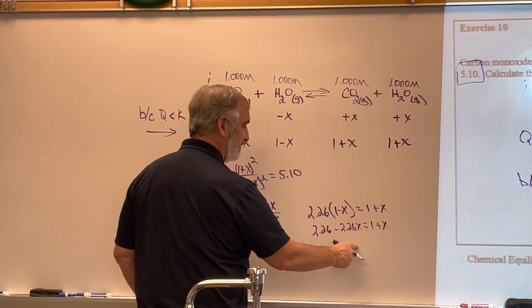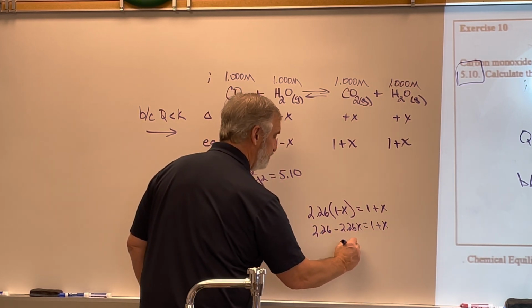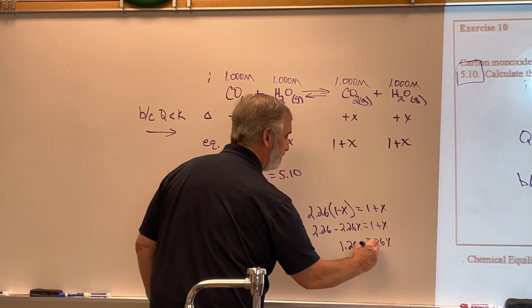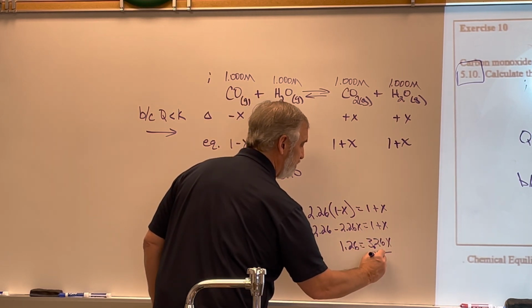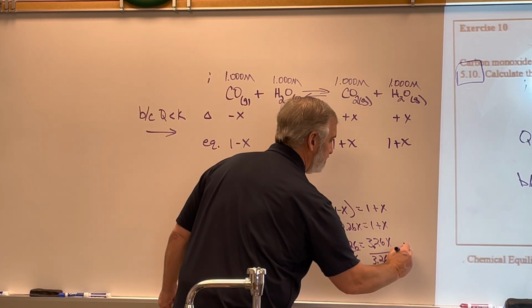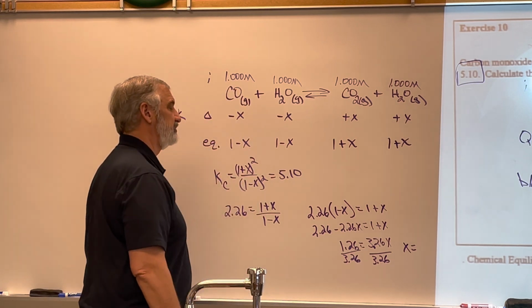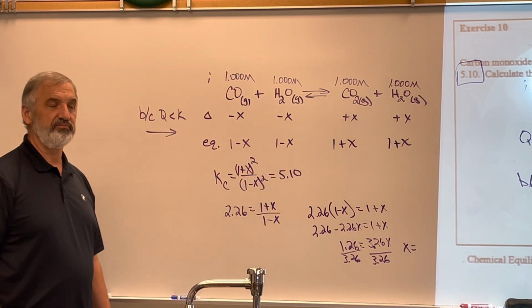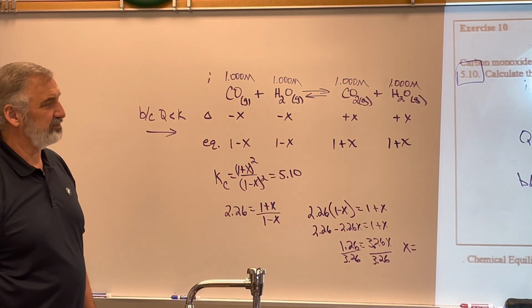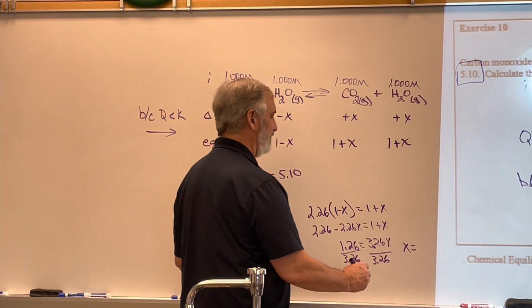Collect like terms, bring the 1 over here. 1.26 is equal to 3.26x. Divide both sides by 3.26. X equals 0.387. That's a little bit better.